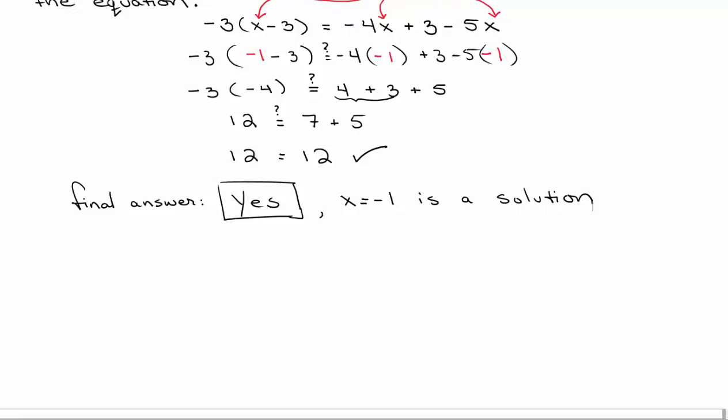For example, let's pretend that we asked, is x equal to 5 a solution?